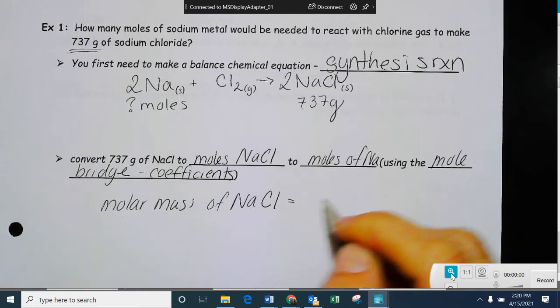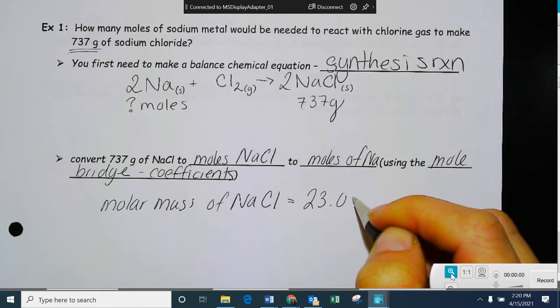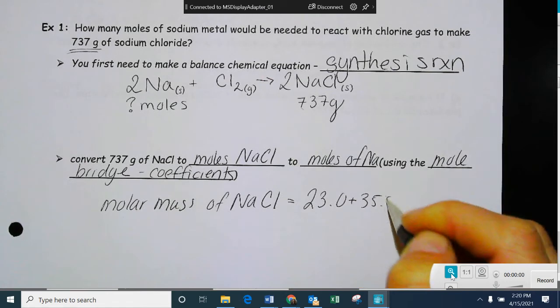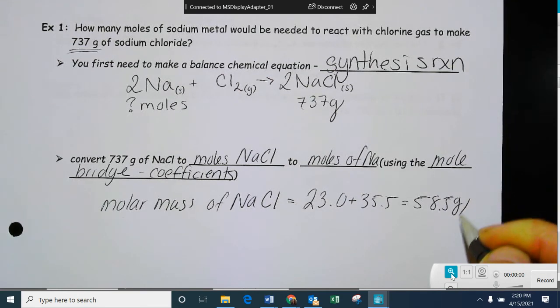Molar mass of sodium chloride is 58.5 grams per mole.